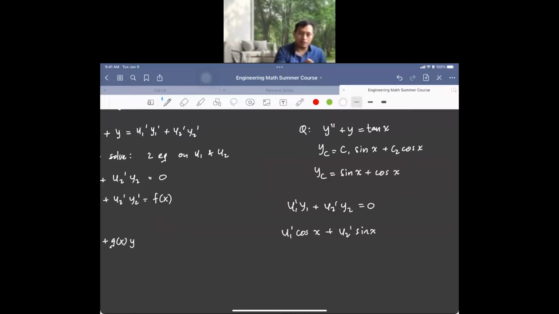But you need to be consistent in your writing, which one is your y1 and which one is your y2. If you are not consistent, maybe the answer will be a little bit different. But it's okay if you write A becomes B, B becomes A. At the end, you will find the same conclusion.